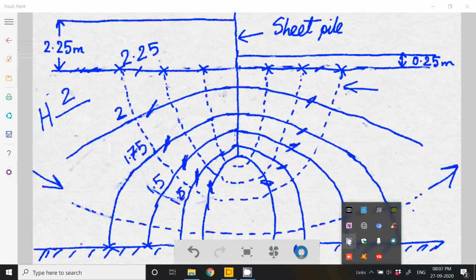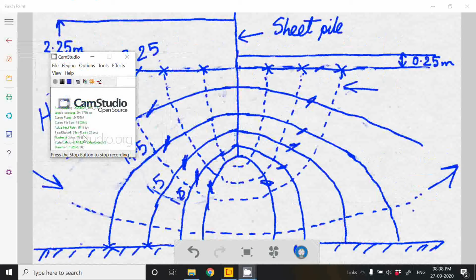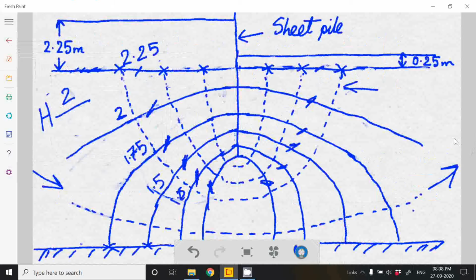So if you want to know exactly how much the potential difference is, how much head difference is occurring in each drop, you have to divide the total head, suppose 2, by the number of drops.